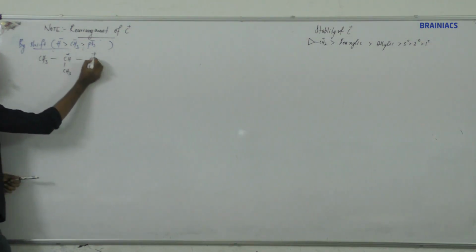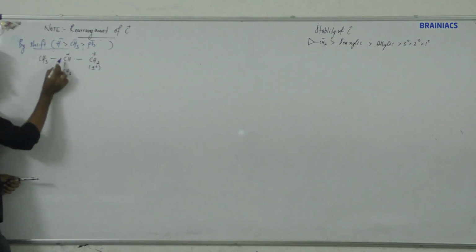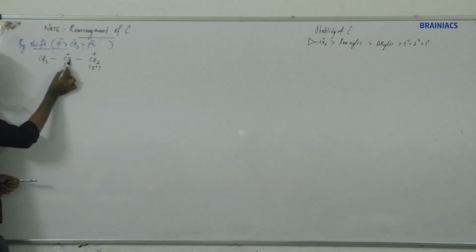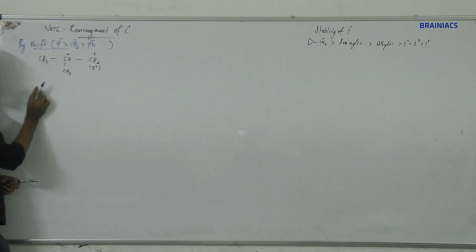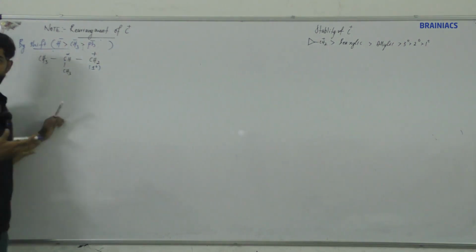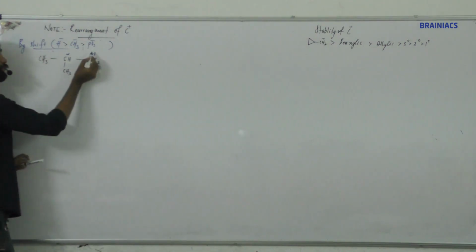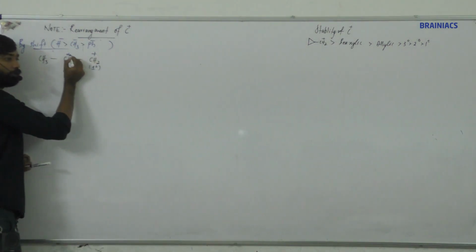So this is the present state of your carbocation, primary. So this is the alpha carbon, where what are the valencies in this alpha carbon? Hydrogen, methyl. So there may be a chance for the shift. If this positive charge enters to here, we obtain what?